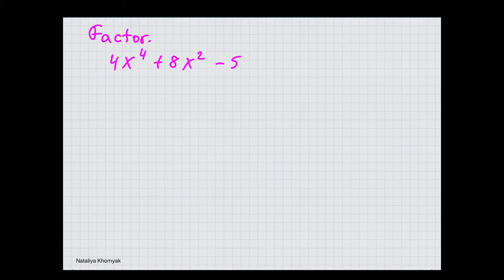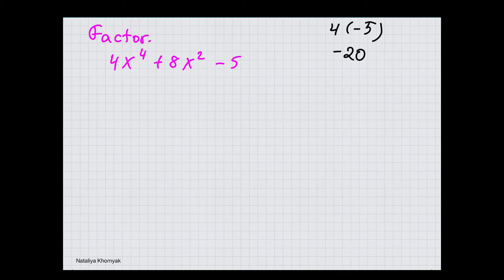So here we have 4x to the fourth plus 8x to the second minus 5. This problem can be done by substitution, but factoring by grouping will work just perfectly fine. So first thing we need to do is to multiply 4 and negative 5. So we get negative 20.